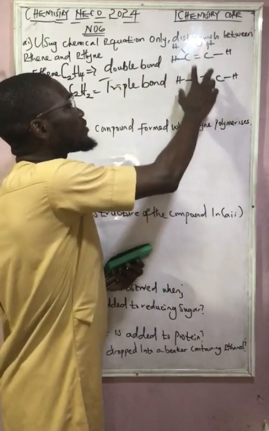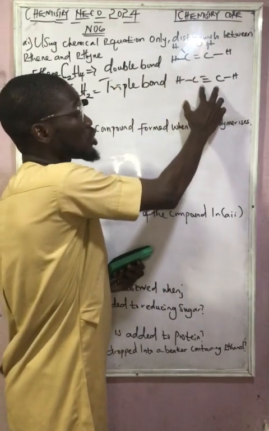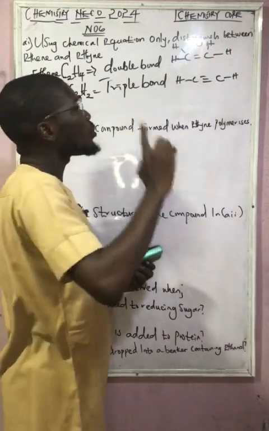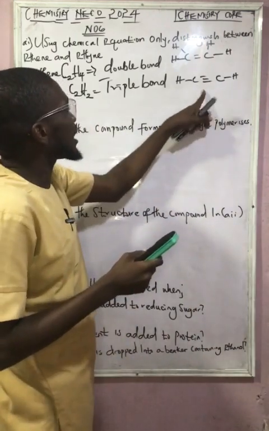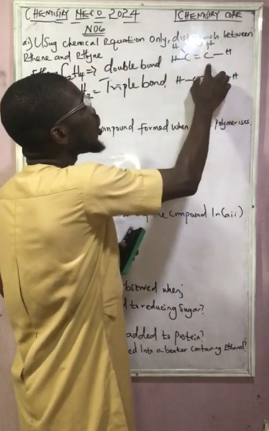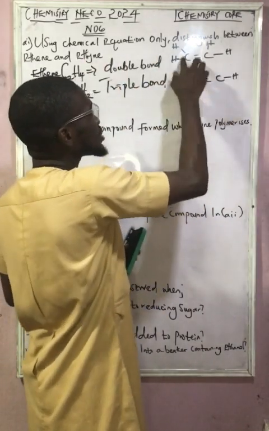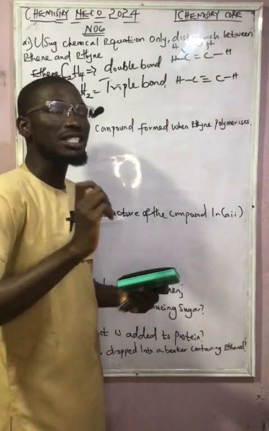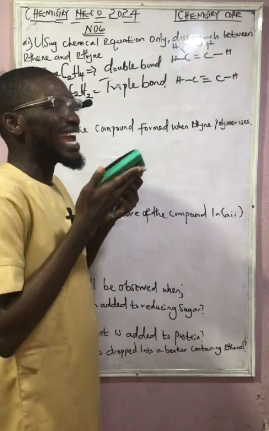If we look at it now, there are two carbon atoms here attached to what? A triple bond, but the number of hydrogen atoms that surround this is 2, while the number of hydrogen atoms that surround these carbon atoms is what? 4.